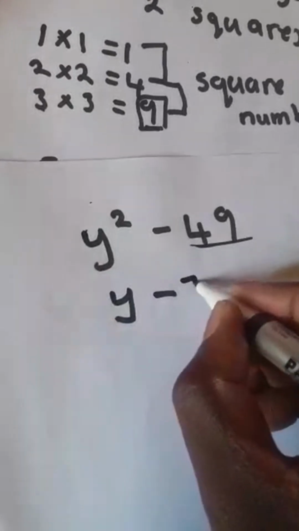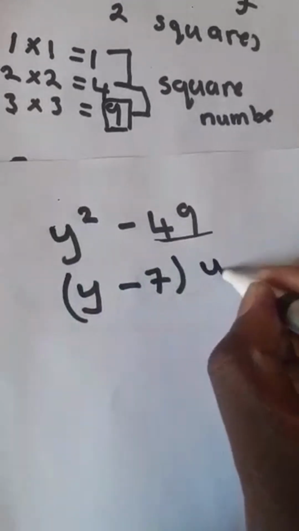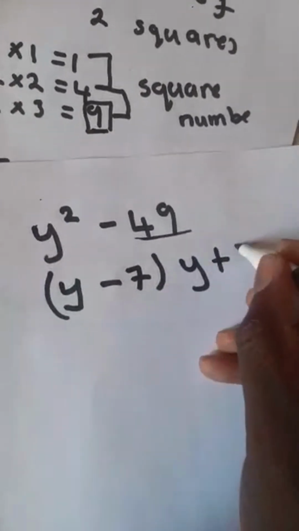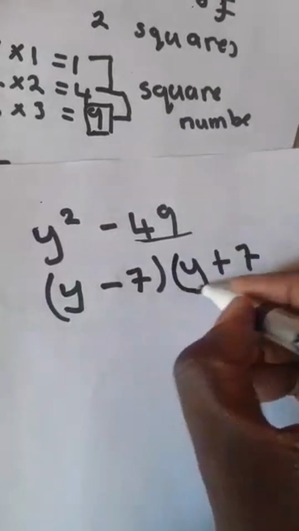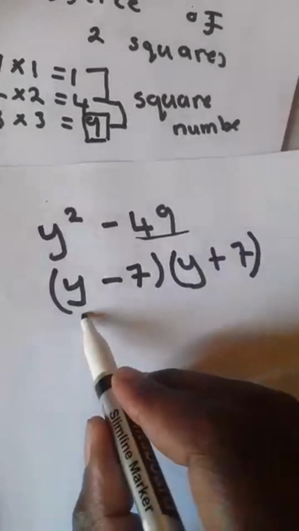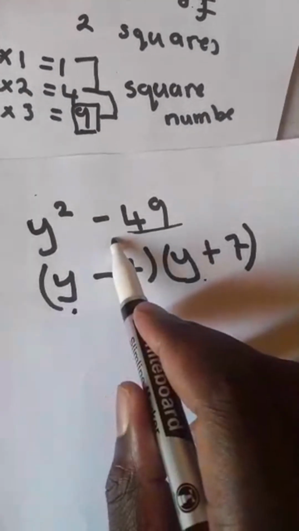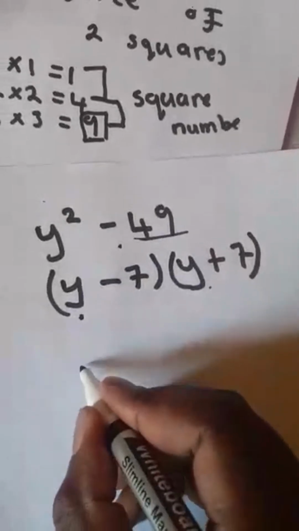So it's y minus 7, then the other bracket will be y plus 7. That's the difference of 2 squares. If we multiply this bracket and this bracket, we will get this.